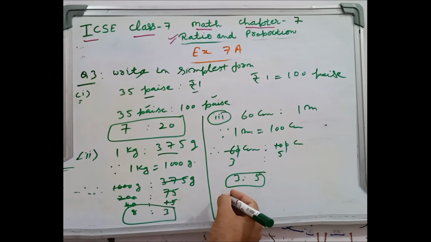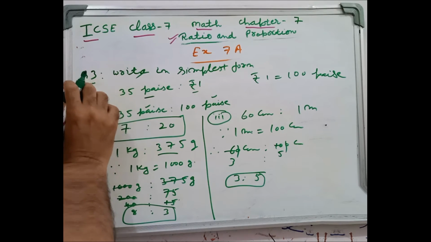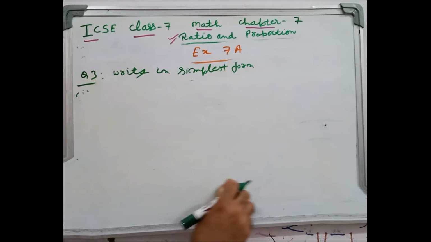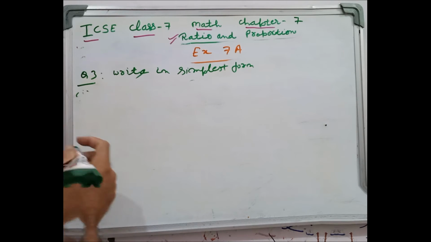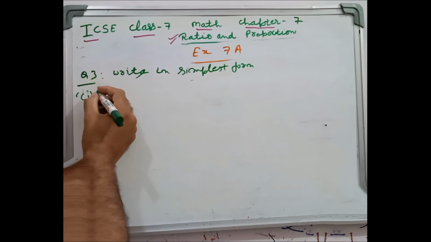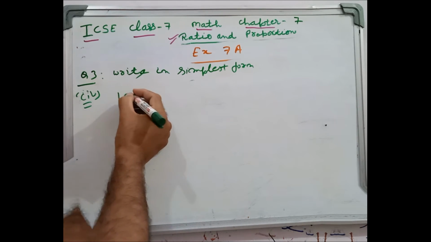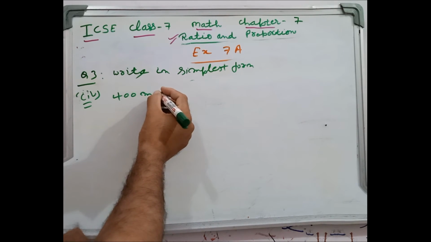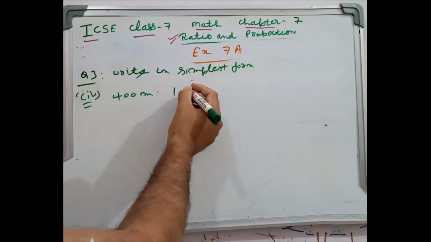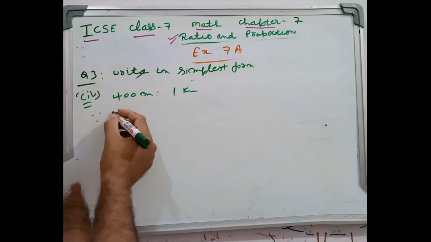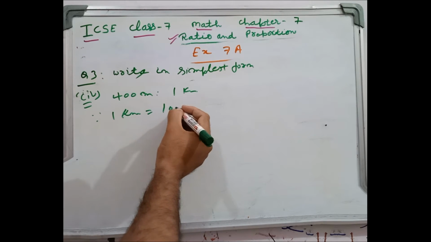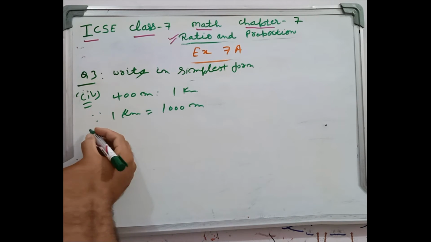Right? In the same way, you can do part 4. Part 4 is 400 meter ratio 1 kilometer, because 1 kilometer is equal to 1000 meter.